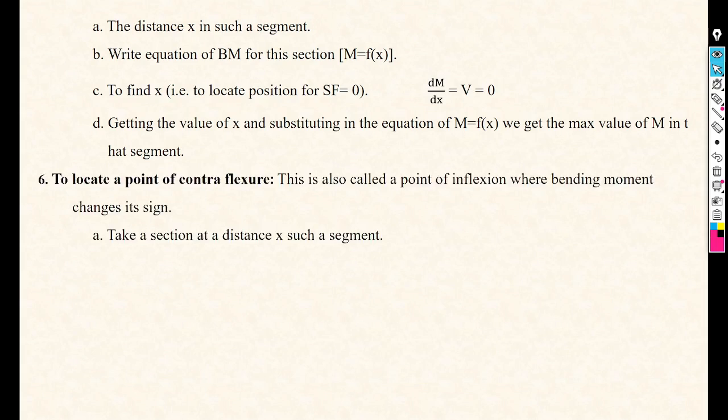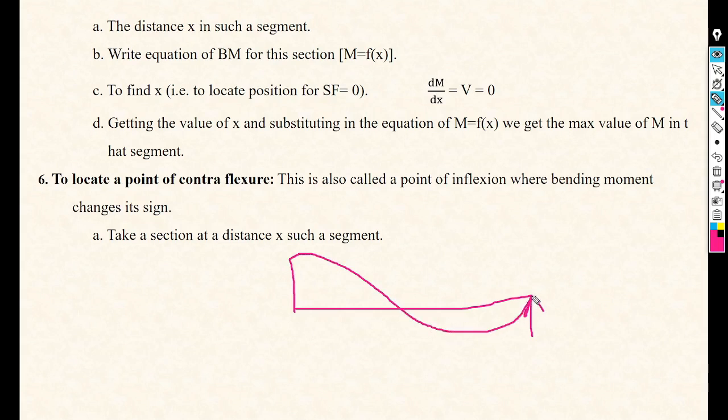Then locate the point of contraflexure. This is also called the point of inflection, where the bending moment changes its sign. So what is meant by contraflexure or inflection? In any bending moment diagram, if the bending moment is changing its sign, let's say from positive to negative, then that point we call a point of contraflexure or point of inflection.